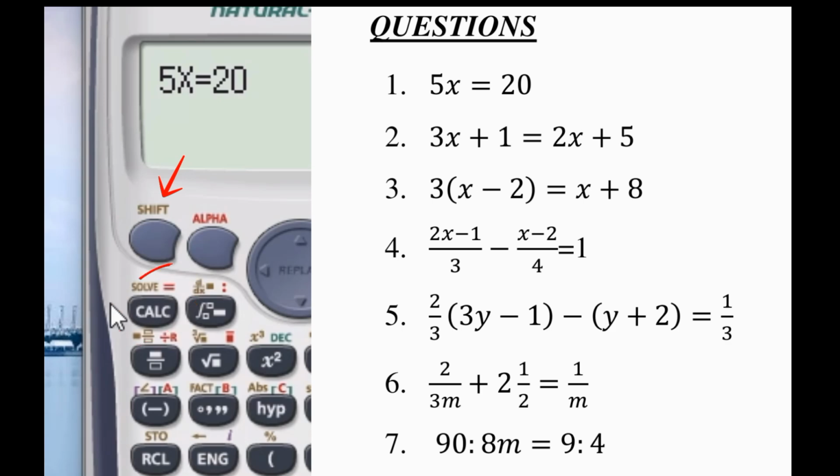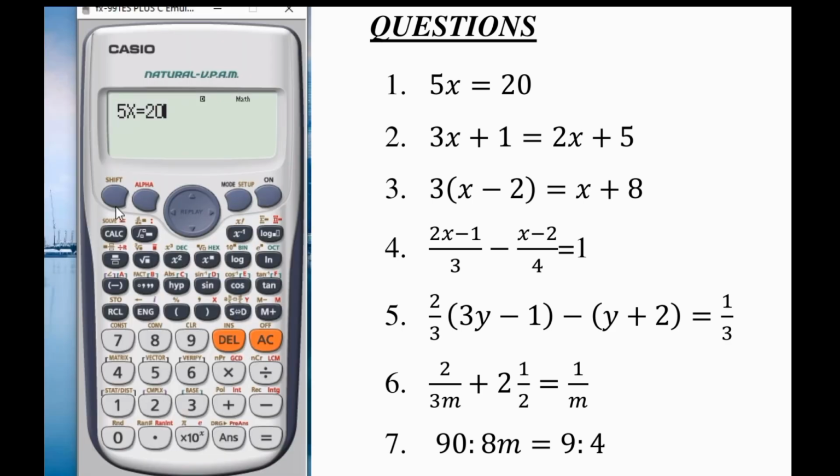Why? Because the shift and the solve are of the same color, which means you have to use those combinations. So shift and CALC. The calculator will ask to solve the value of x, and then you press the equal to sign and patiently wait for the answer. So that is it. The value for x for our first question is 4. So x is equal to 4.